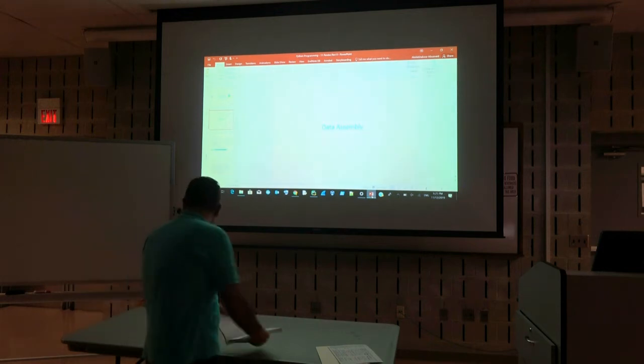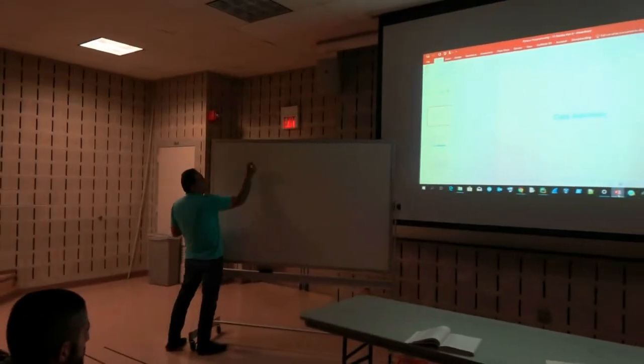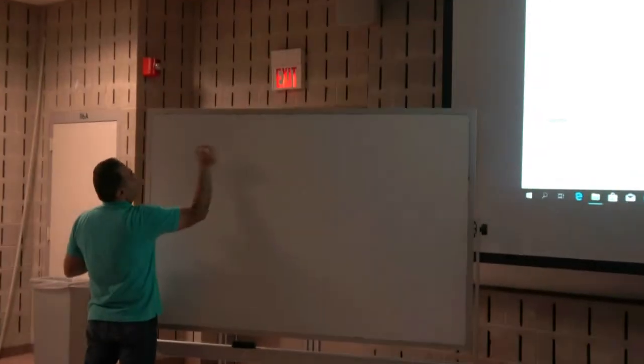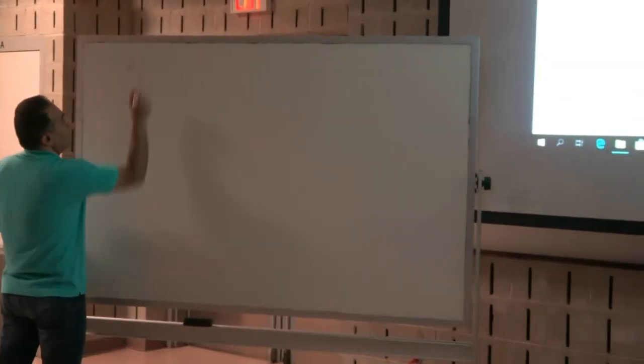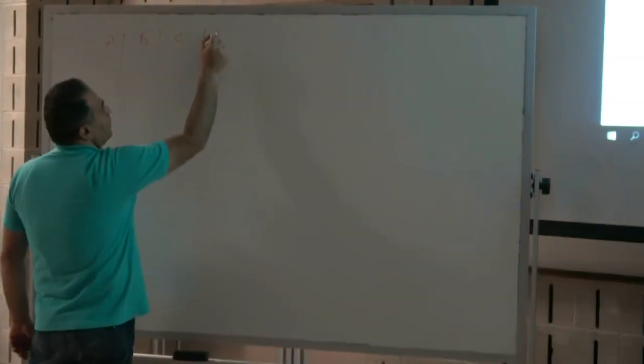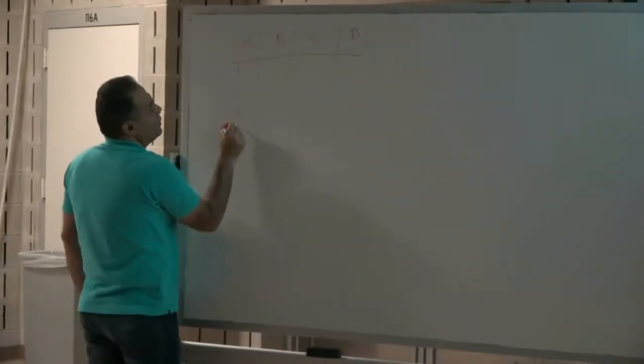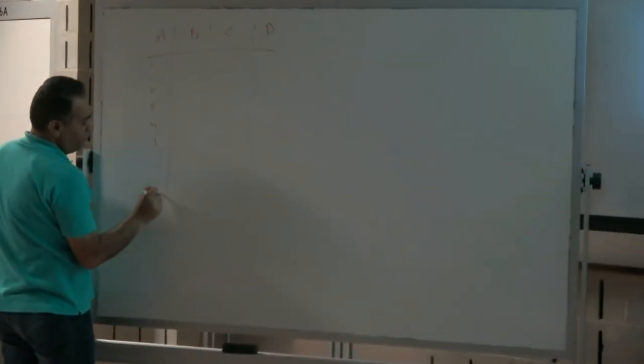You know what I'm talking about, right? For example, somebody will have a survey with columns A, B, C, D, and you have the record index 1, 2, 3, 4, 5, 1000, for example.